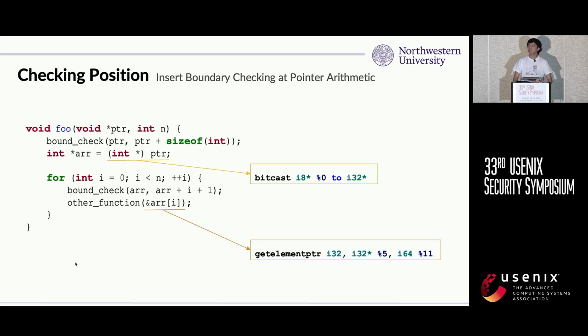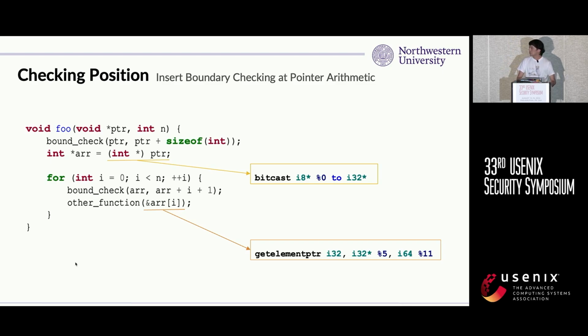Now we introduce the design of ShadowBound. ShadowBound provides spatial security by inserting checking instructions into the program. Instead of inserting checking instructions at the pointer dereference site, we insert them at the pointer arithmetic site at the LLVM level. Here are two types of pointer arithmetic instruction. In line 3, the code converts the void pointer to an integer pointer, so LLVM will generate a bitcast instruction.